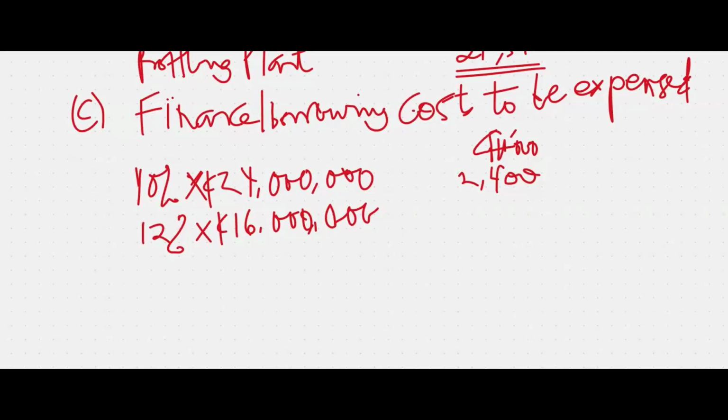I will add: 0, 2, this will be 3, and this will be 4. So this is the borrowing cost. This is the finance cost.